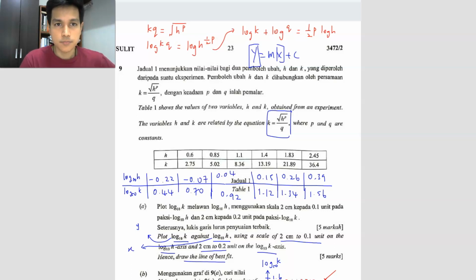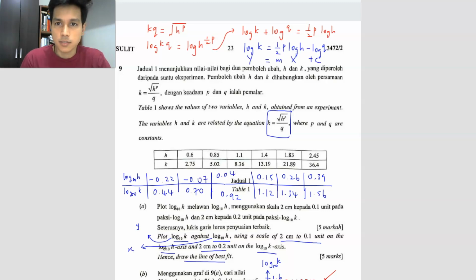So that means, okay, let me erase this. So this will be your y, this will be your x, right? So this one I have to bring over there to get your mx plus c. So you should get log K equals to 1 over 2p log H minus log Q. So this is your y equals to mx plus c.